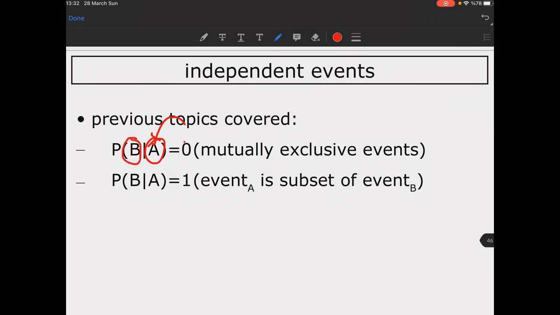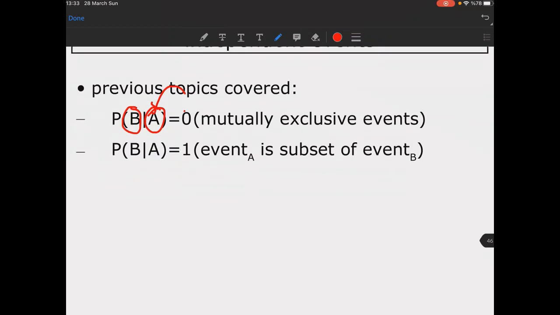It means that they block each other. And in those cases, if A happens, we are sure that B happened. It means that in this sense, event A would be a subset of event B. Now, we covered the mutually exclusive events and subsets of events.